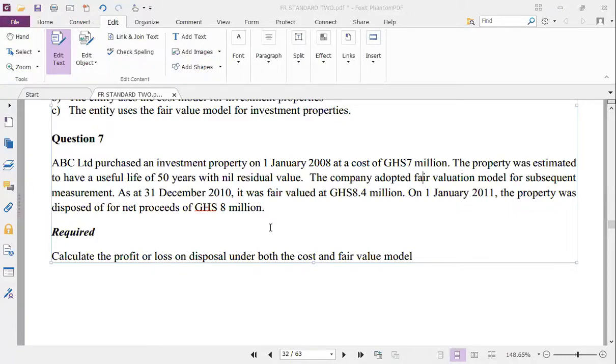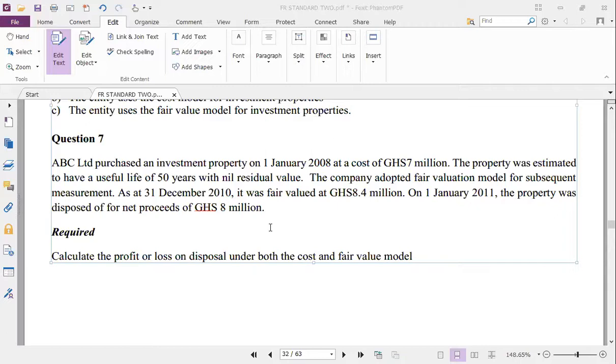So first, ABC Limited purchased an investment property on January 2008 at the cost of 7 million. The property was estimated to have a useful life of 50 years with a net residual value. Good. The company adopted fair value model for subsequent measurements. As at 31st December 2010, its fair value was 8.4 million.